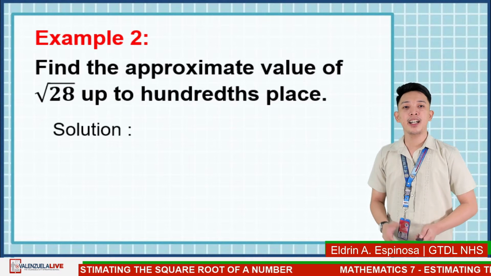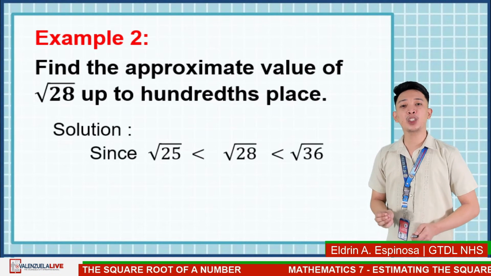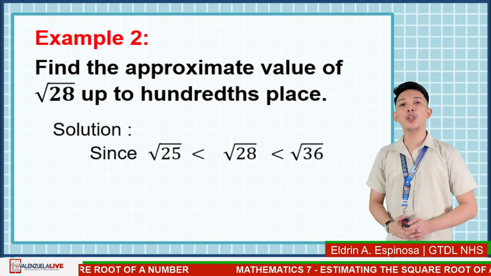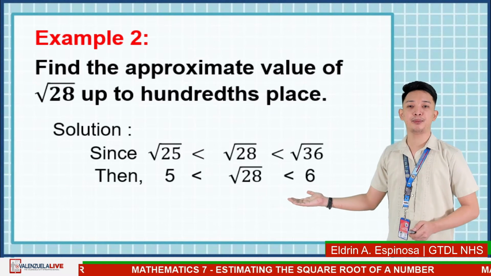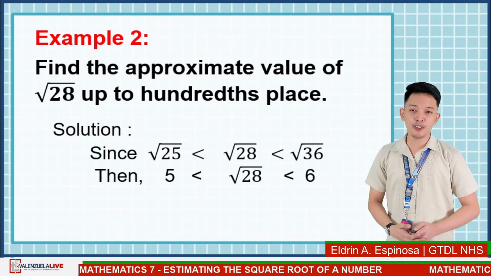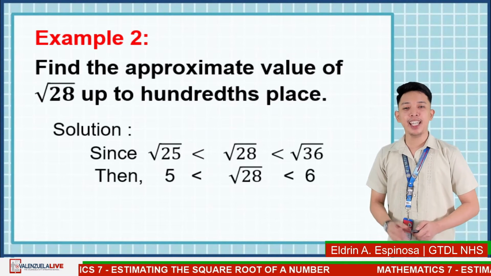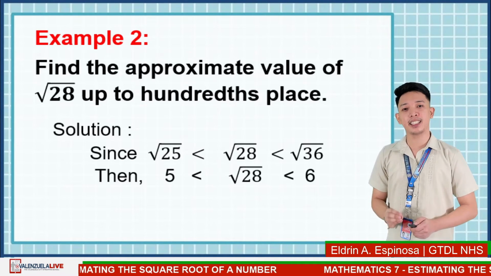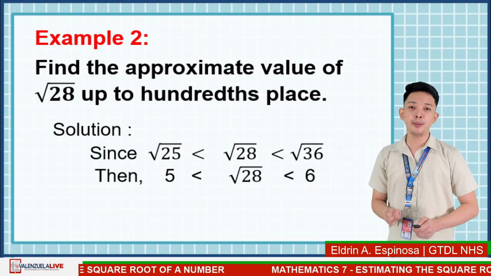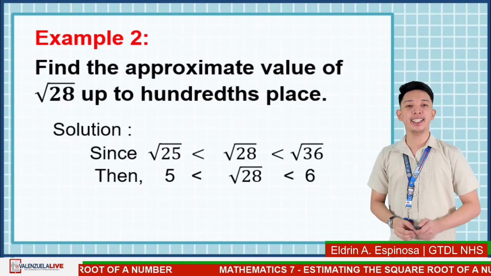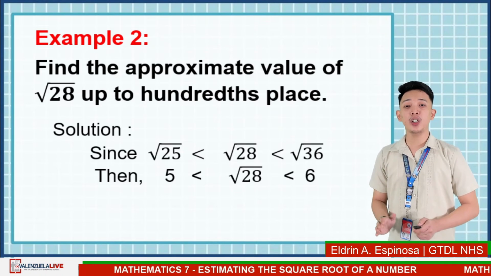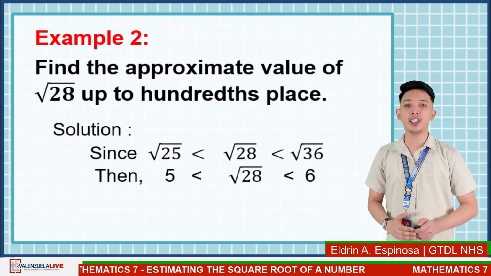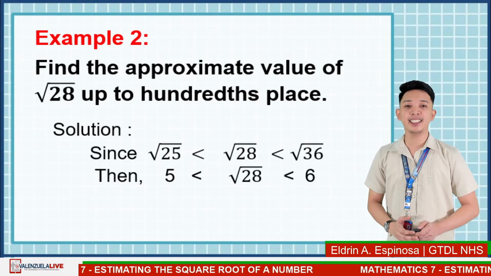All right. Now, getting the square root of these numbers, we will obtain 5 and 6 respectively. Square root of 25 is 5 and square root of 36 is 6. It means that the square root of 28 is between 5 and 6. Also, square root of 28 is greater than 5 but less than 6.